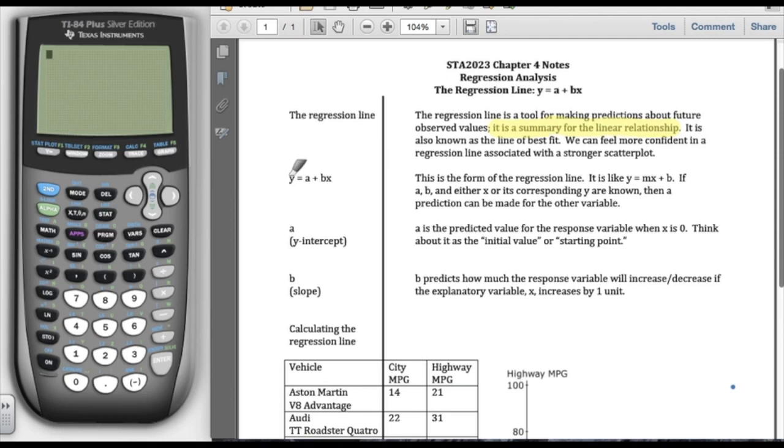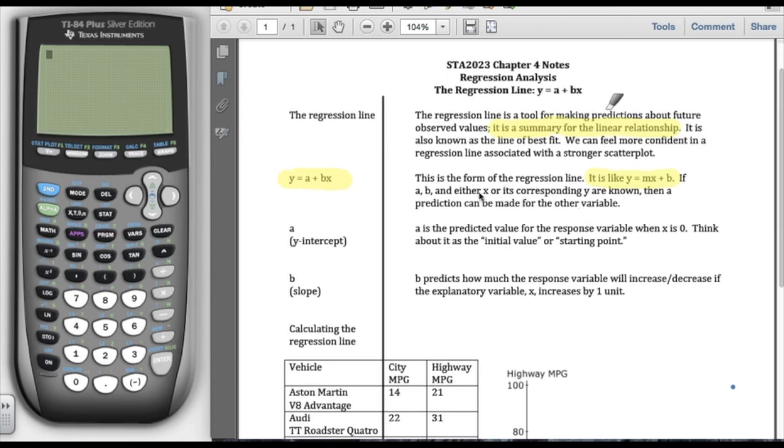Now the regression line has the form y equals a plus bx, and this is like the form y equals mx plus b that you may have seen in an algebra class. However, we're going to stick with this form a plus bx, and this goes back to a previous video.